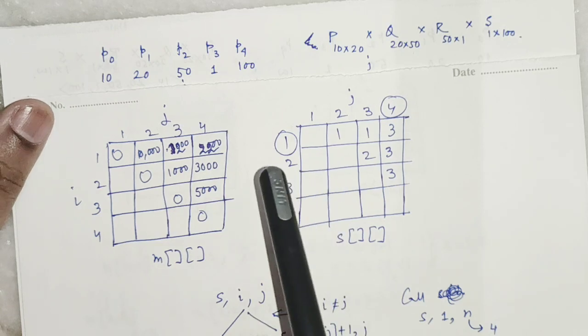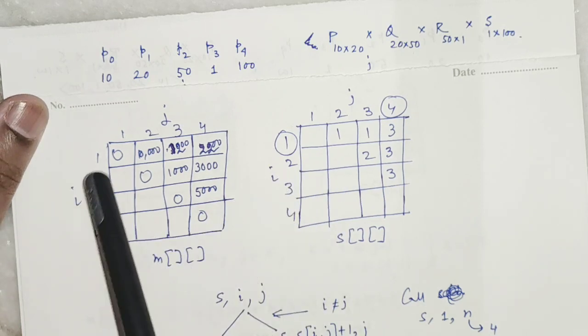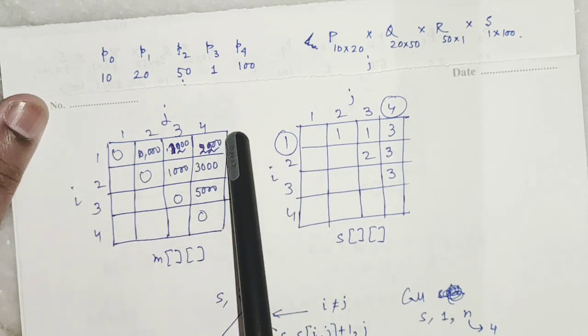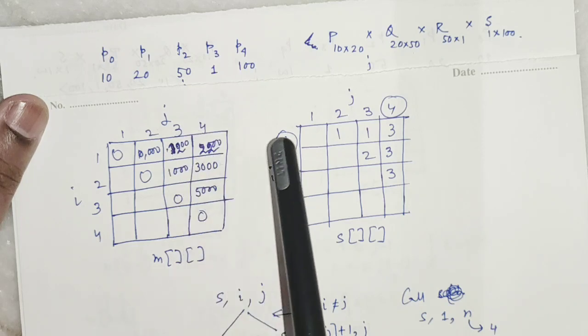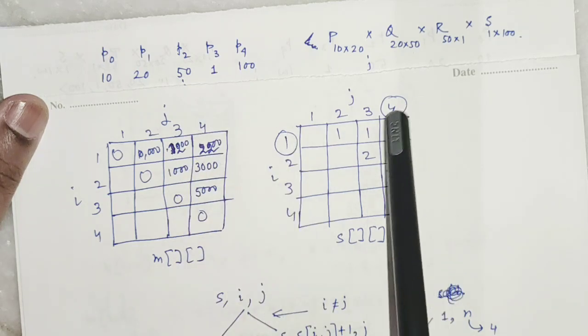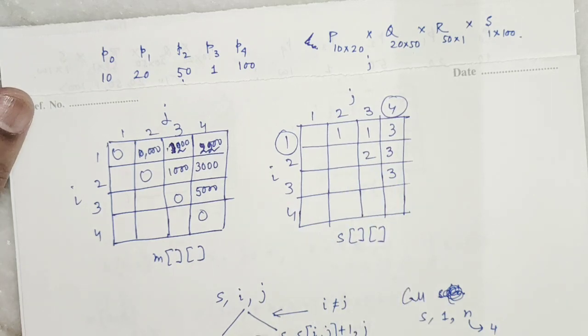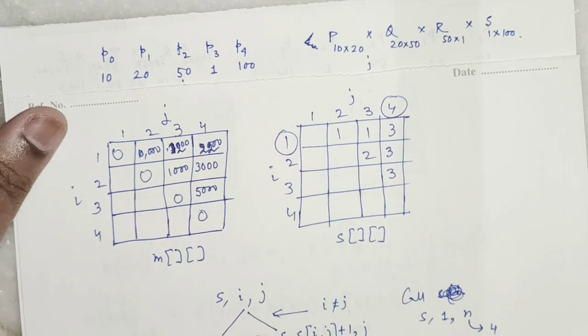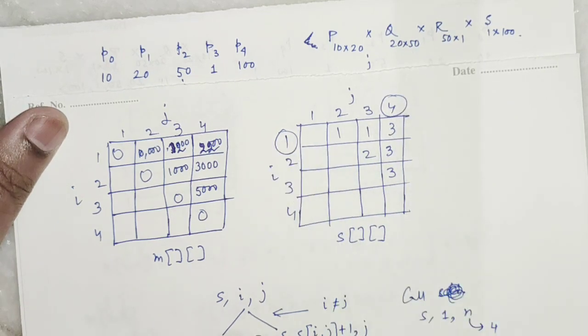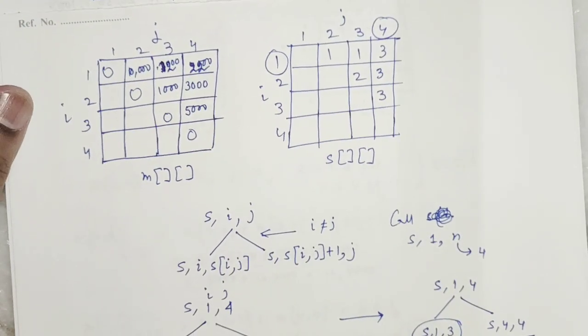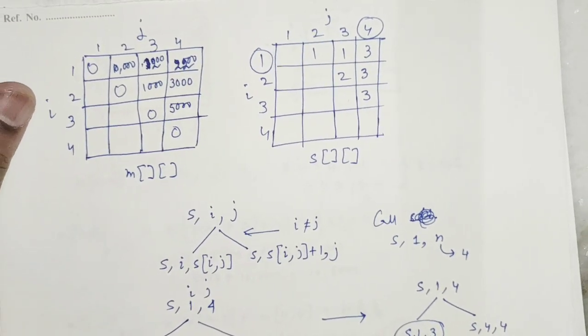We computed m of 1,4 at last, so definitely S of 1,4 is the last cell where we have stored the last optimum k value, that is, the k value for which you got the optimum result for m of i,j. That's why I have highlighted these two indexes, because they are required for getting the parenthesized sequence.